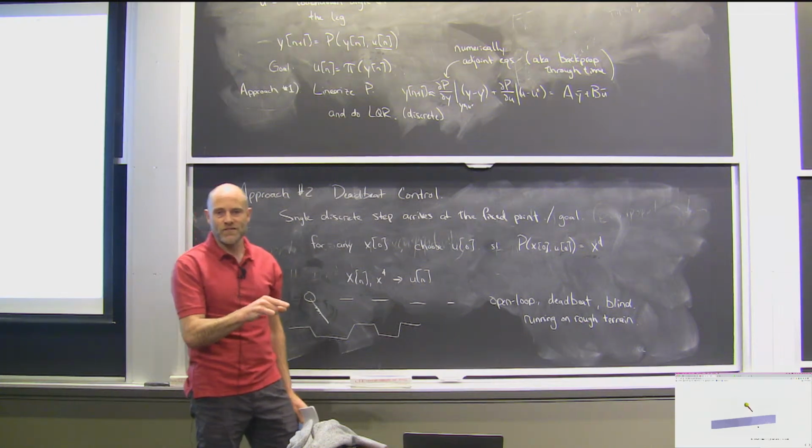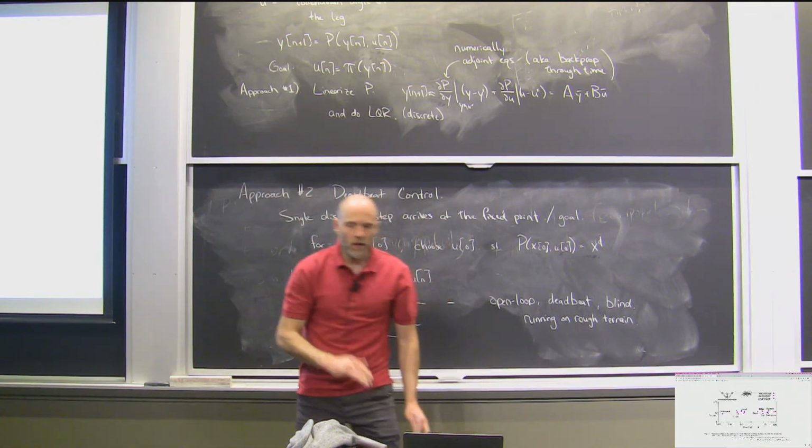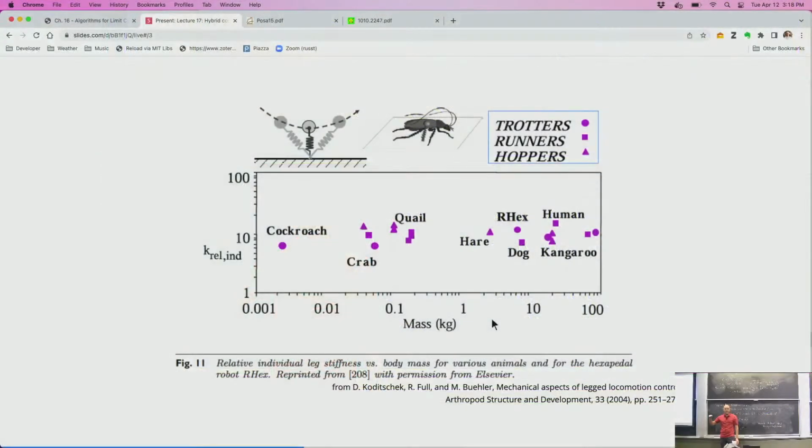The other great thing about SLIP that I have to tell you is that it's proven to be a pretty good model of the dynamics of running across many different orders of magnitude of animals. If you look at just the center of mass dynamics of animals as they run, they tend to have this sort of spring-like behavior, okay?